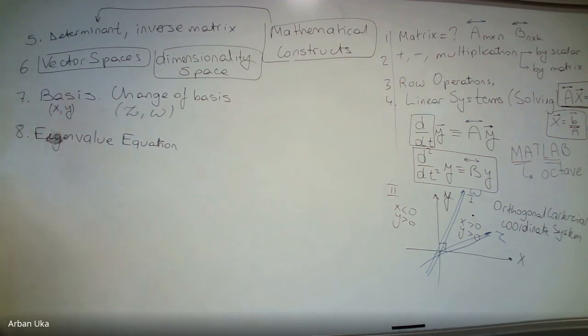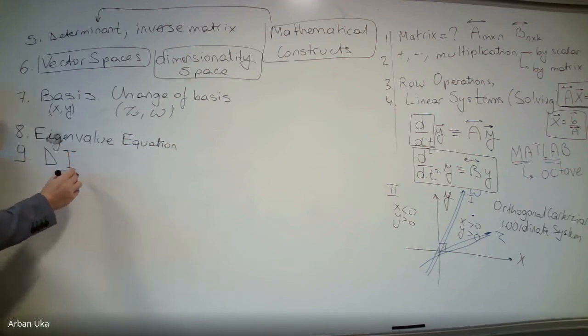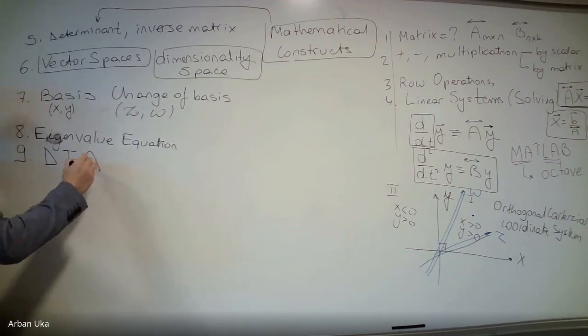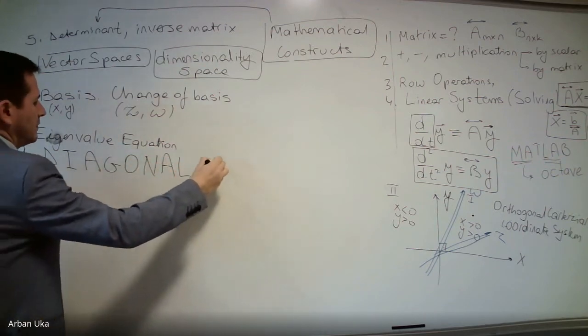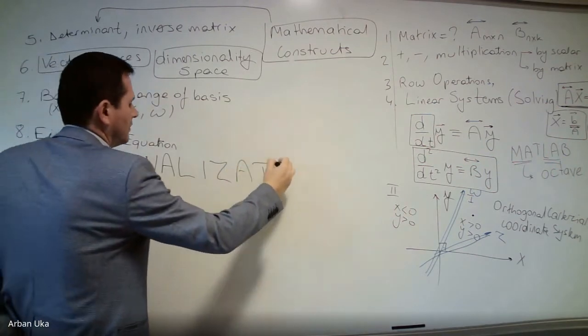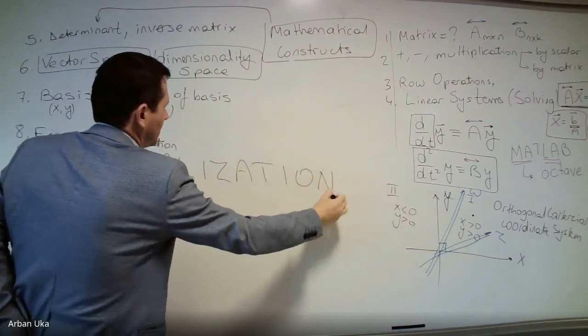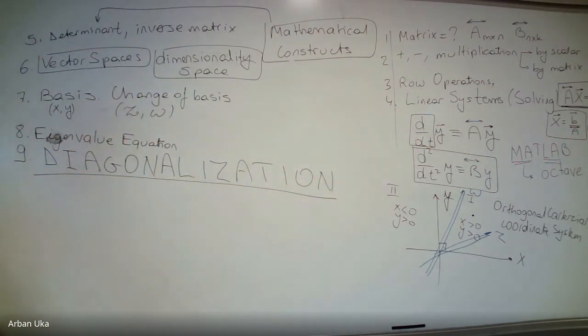After the eigenvalue equation, we're going to discuss the most important topic. So actually, we learn linear algebra just for one thing. We're doing all of these little tricks just to do this. This is what linear algebra is done for. So this is the purpose of linear algebra.